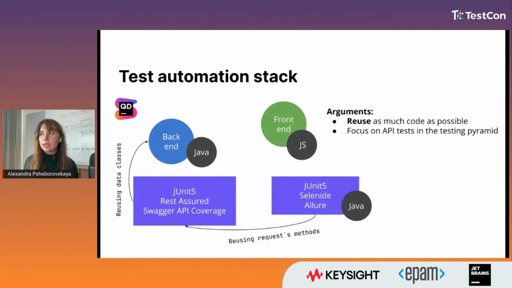And the second reason is that since we follow the testing pyramid, there will be many more API tests than system UI tests. So it gives us an incentive to focus on backend optimization. So that was about different programming languages for test automation.